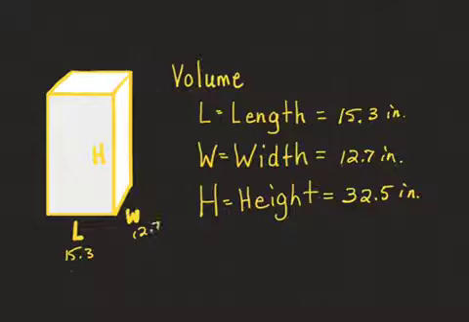When you're measuring, you need to have some type of unit. So if those are length, width, and height, how do we calculate volume? We multiply the three of them.